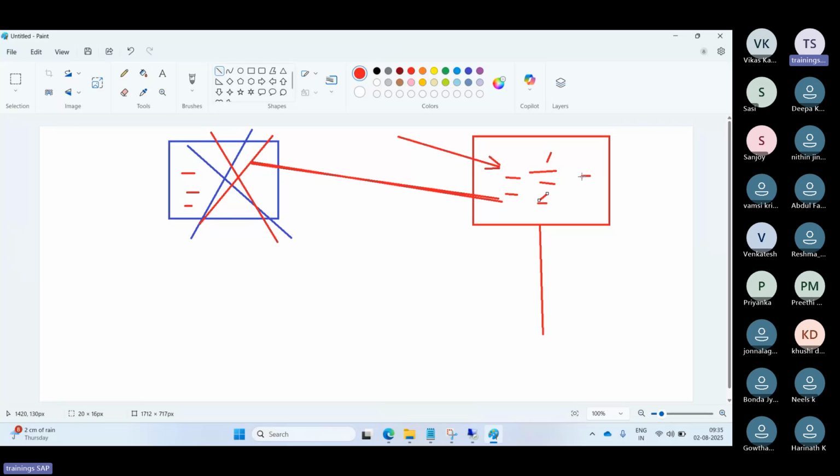Then they will calculate the time, identify how quickly the person comes out from start to end. That is the actual measure during a fire drill.